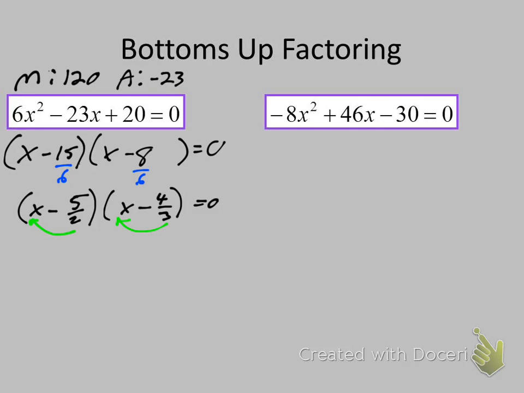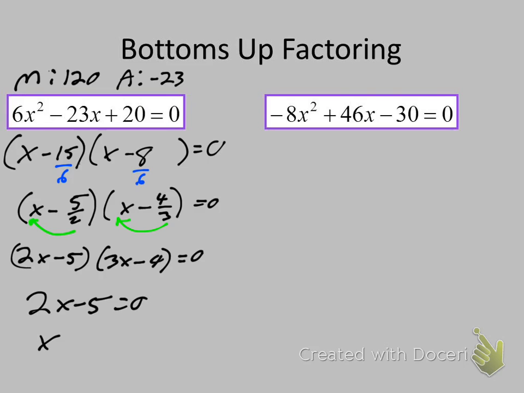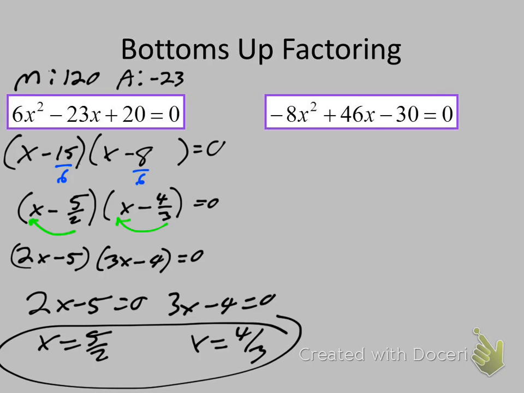So 2 in front of the x there, 3 in front of the x there: 2x minus 5 times 3x minus 4 equals 0. Then you split them off. 2x minus 5 equals 0, which means x equals 5 halves. 3x minus 4 equals 0, which means x equals 4/3.